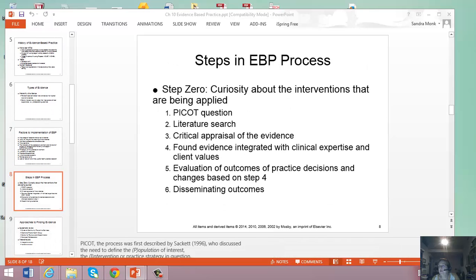Step 0 is a curiosity about the interventions that are being applied. And every nursing research, every evidence-based practice project begins with a hunch that a nurse has about, I wonder why that happens that way, or I'll bet this is causing that. I'll just bet that is a problem. And so what happens is then a PICO question is established based on what is going on with the nursing situation.